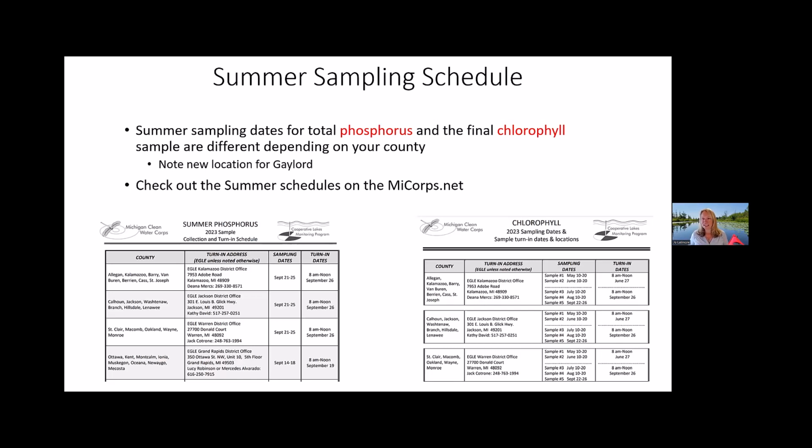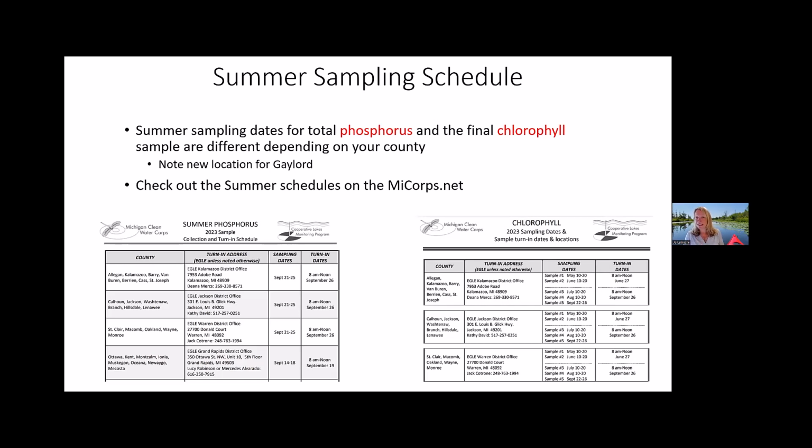First of all, for planning ahead, your final chlorophyll sample is probably going to happen at a different time of the month than all the other ones. If you're doing chlorophyll, you probably remember you collect monthly between the 10th and the 20th of each month. So your May sample is between May 10th and May 20th. Your June sample is between June 10th and June 20th.